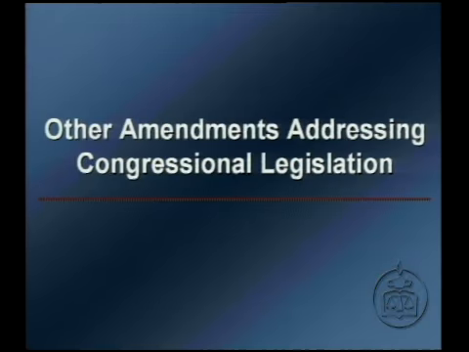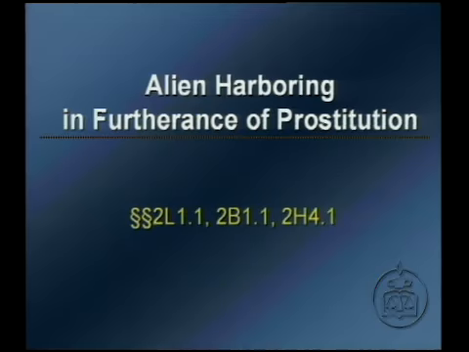So we've talked about 3 congressional legislation amendments, and we're going to move on now to talk about other amendments that are addressing congressional legislation. So Congress in late 2008 passed legislation addressing crimes of alien harboring committed in furtherance of prostitution.